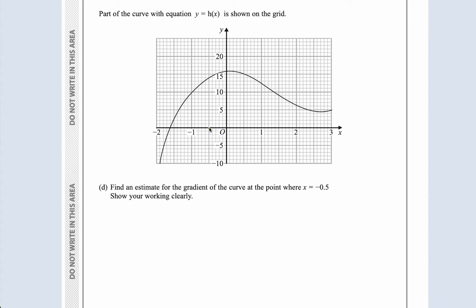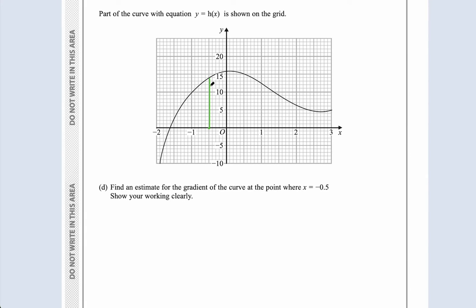This is negative 0.5. And then I'm going to draw a line up to the curve. I need to find the curve. And then I need to draw a tangent to the curve at that point. Now the way I do that is I get my ruler.